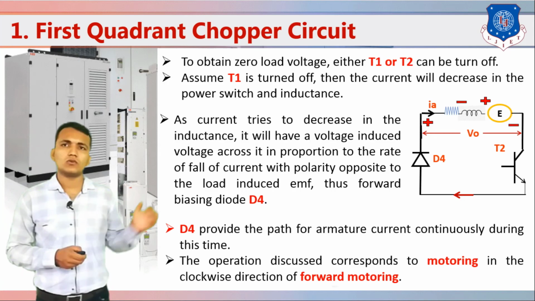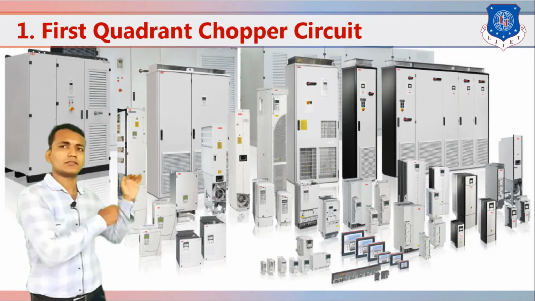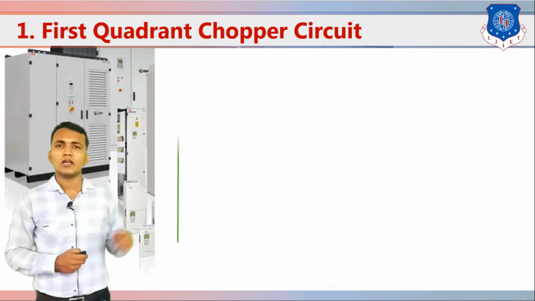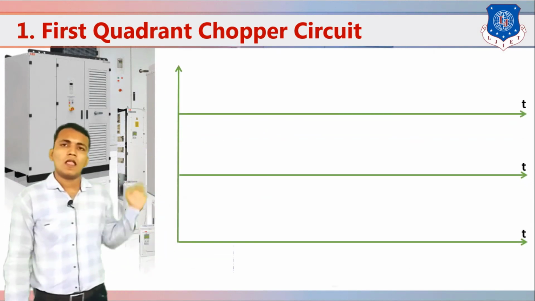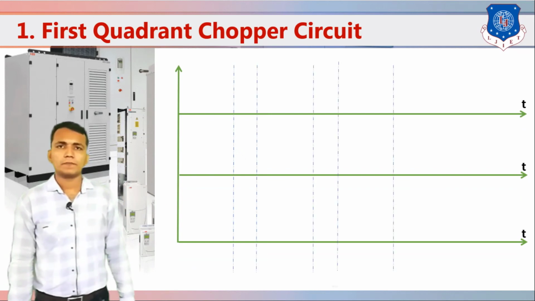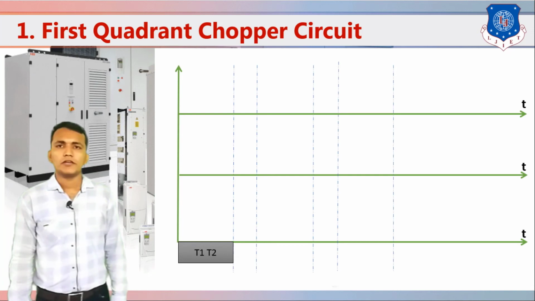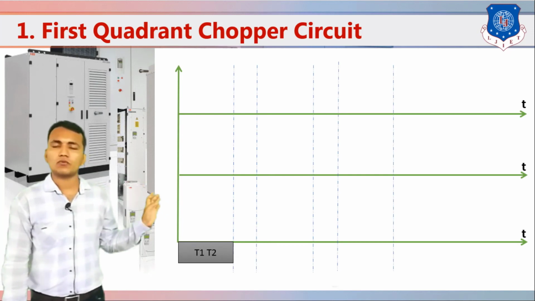So that is the first quadrant chopper circuit, and now we have to discuss the waveform. The waveform is like this. We have to take the axis. In the first mode, T1 and T2 will be on.